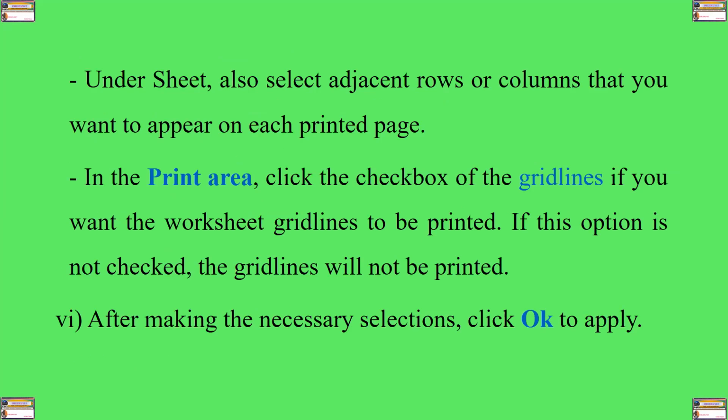On the sheet, also select adjacent rows or columns that you want to appear on each printed page. In the print area, click the checkbox of the grid lines if you want worksheet grid lines to be printed. If this option is not checked, the grid lines will not be printed. After making the necessary selections, you click OK to apply.